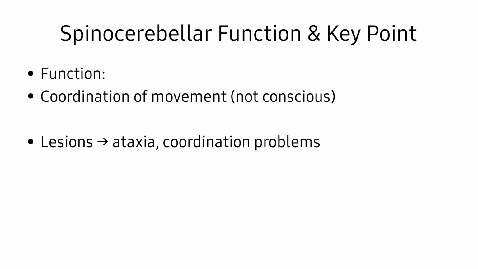Then the spinocerebellar function now. Remember, the spinocerebellar is carrying what? Unconscious proprioception, so coordination of movement. So what happens if there is a lesion? There is ataxia and coordination problem. Difficulties in movement, difficulties in coordination. So the lesions are usually ipsilateral as well.